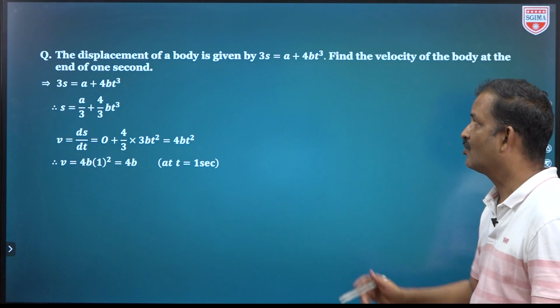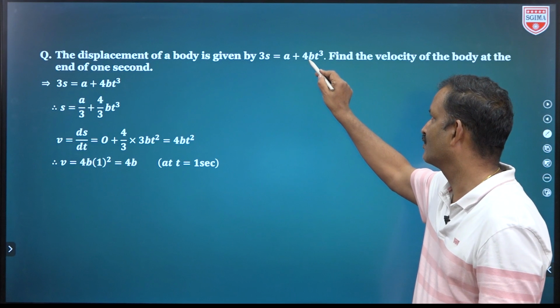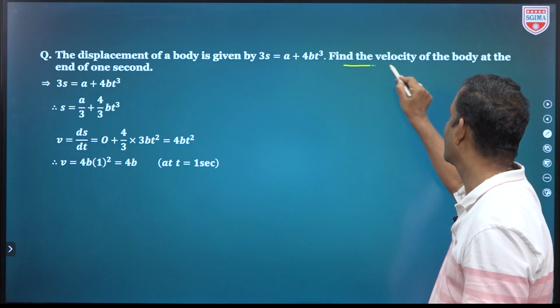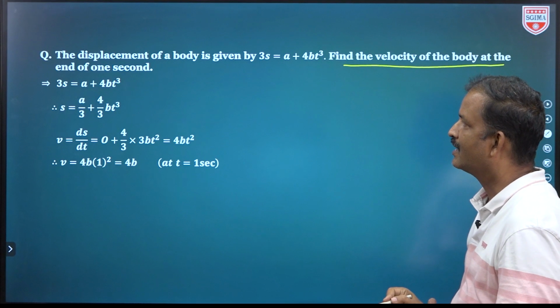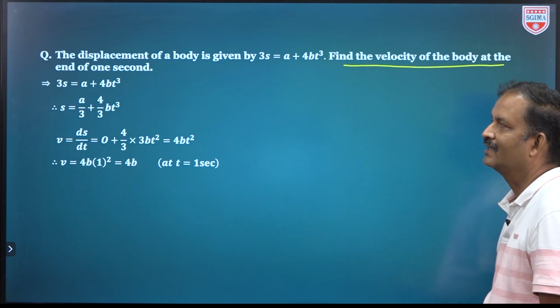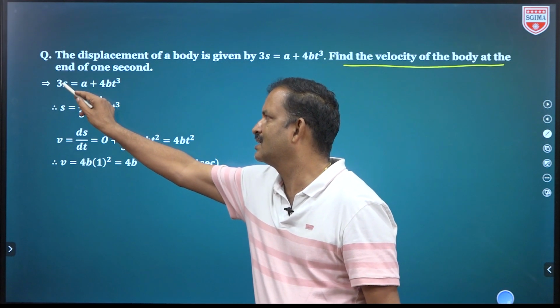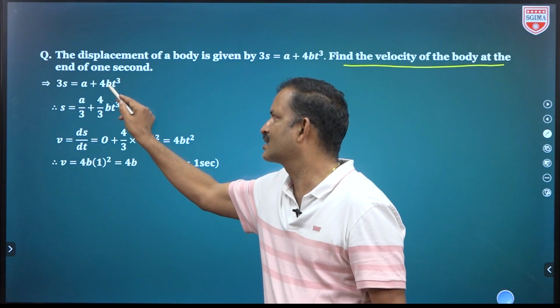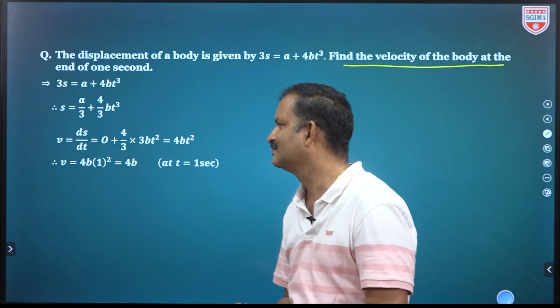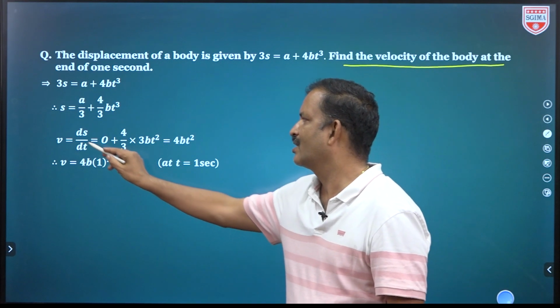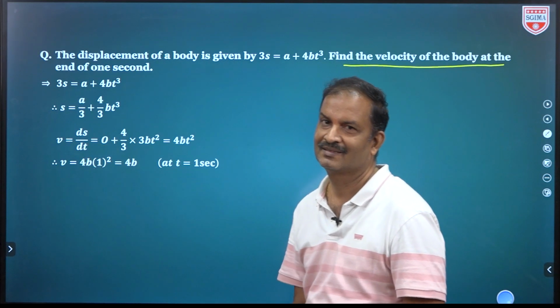The displacement of the body is given by 3s is equal to a plus 4b t cube. Find the velocity of the body at the end of 1 second. So, displacement s is equal to a by 3 plus 4b t cube by 3. Now, you have to do the differentiation.